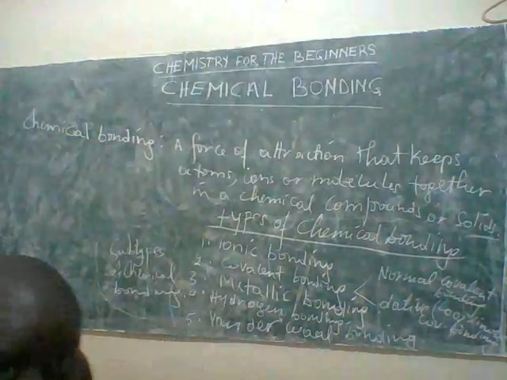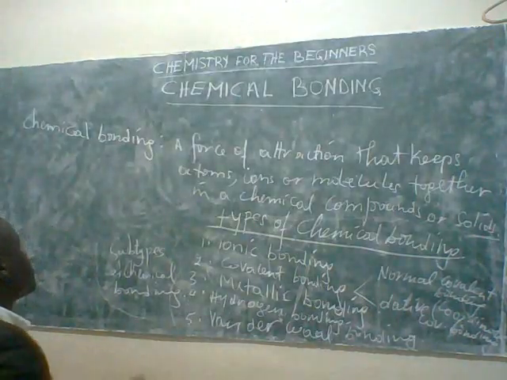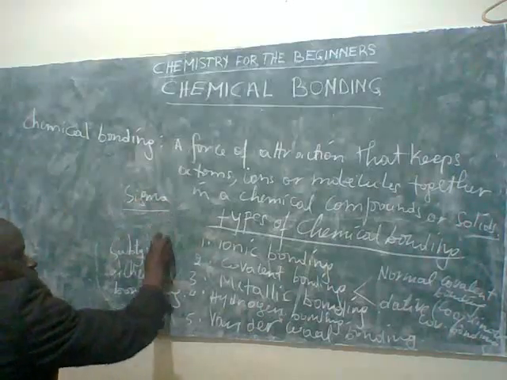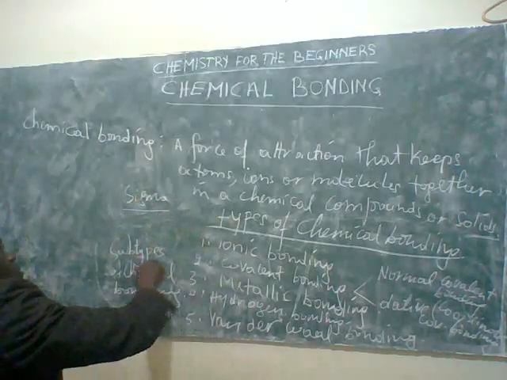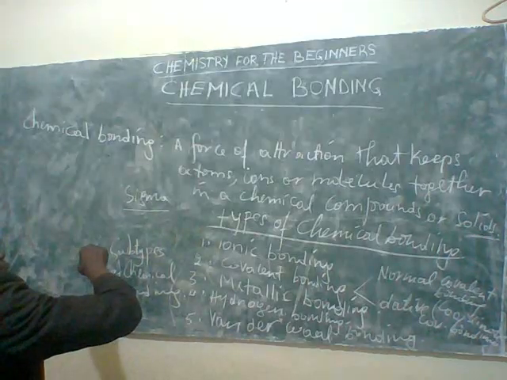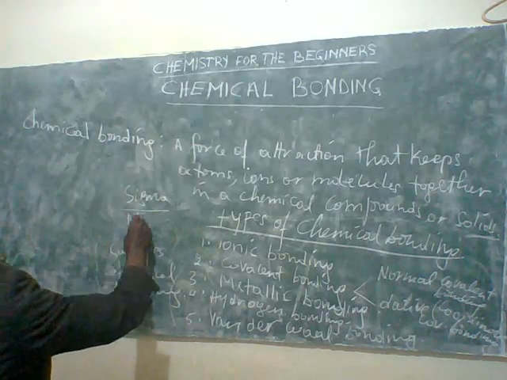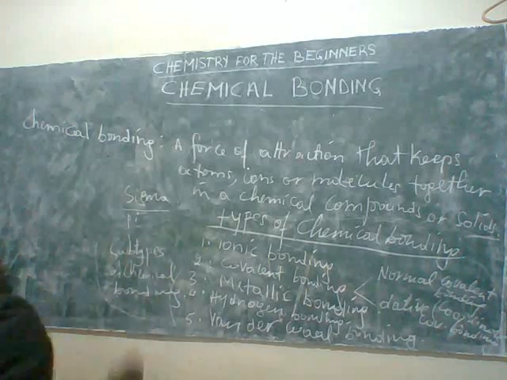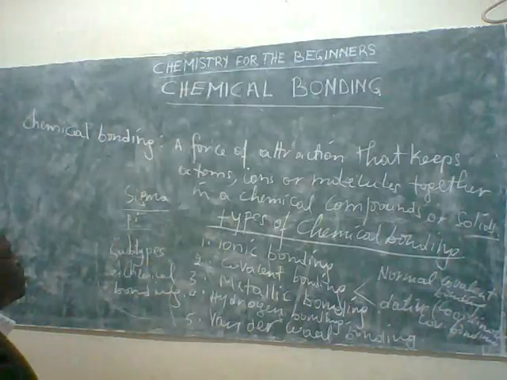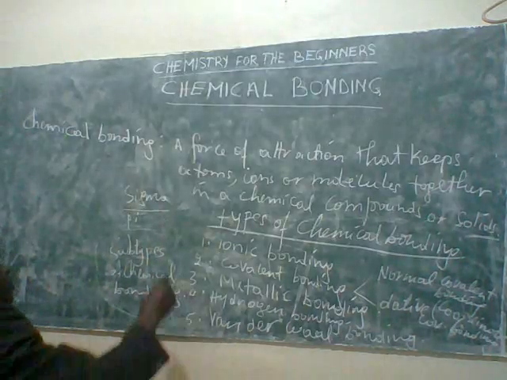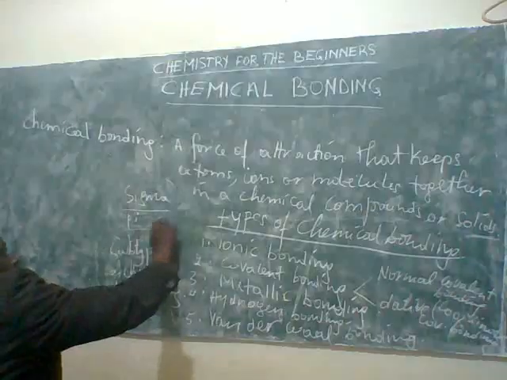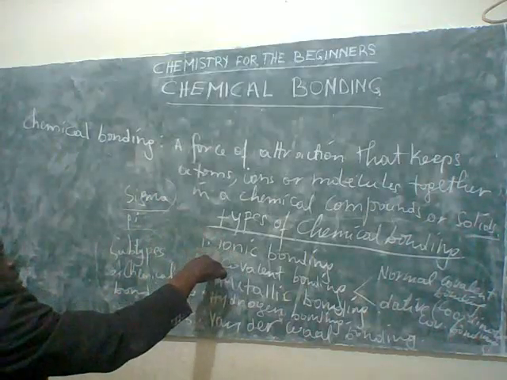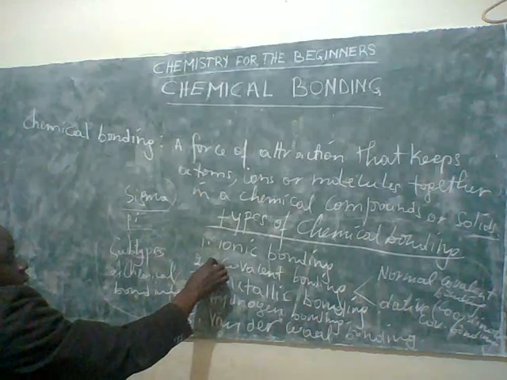For example, I was talking about sigma as a subtype of covalent bond, or the pi bond, pi bonding. These may be under covalent bond mainly.